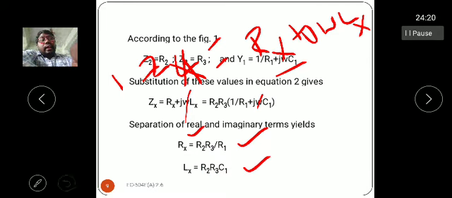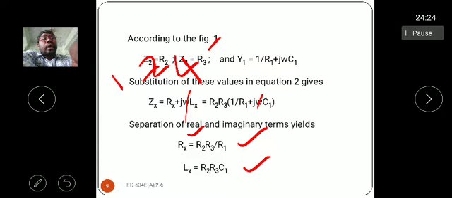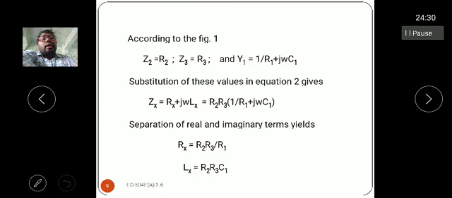That is Rx is equal to R2 R3 divided by R1 and Lx is equal to R2 R3 into C1. Here all the parameters on the RHS are known, and the LHS has the unknown parameters. In this way we calculated the unknown inductance in the circuit.